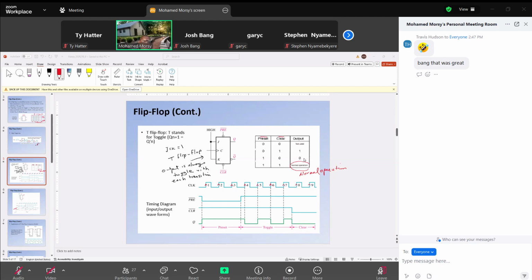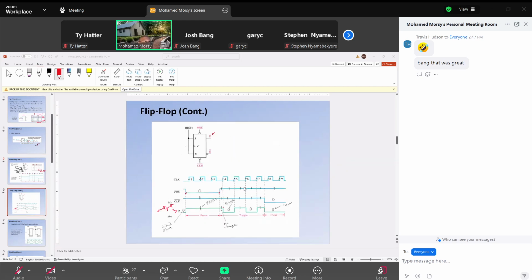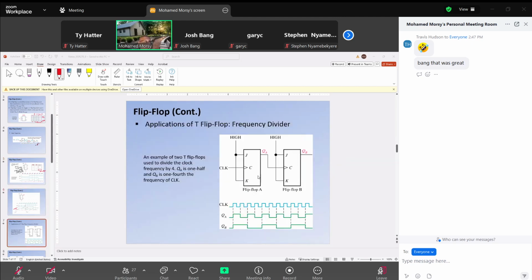The output is 0, whatever J and K are. If preset inverted is 0 and clear inverted is 1, this sets the output to 1, whatever the inputs are. And we did analysis last time for this.